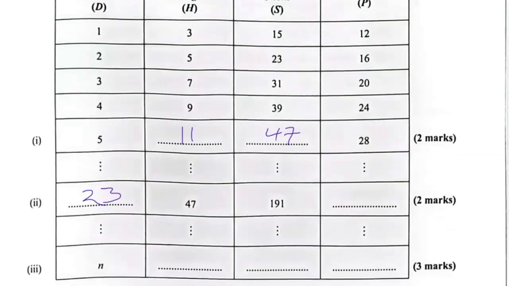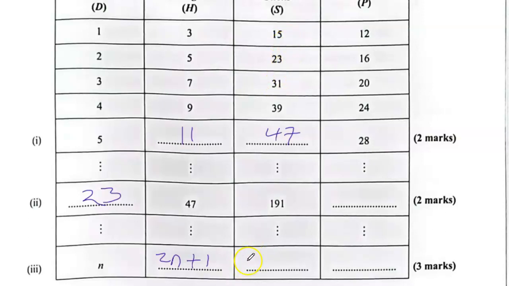In terms of the rule here, it is definitely 2 times n plus 1. Since you're increasing by 2, notice the first column, the values are multiplied by 2 and the 1 added to get the values in the second column. The third column, values are increasing by 8.